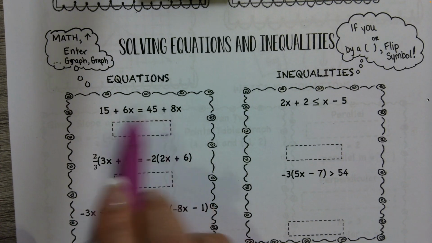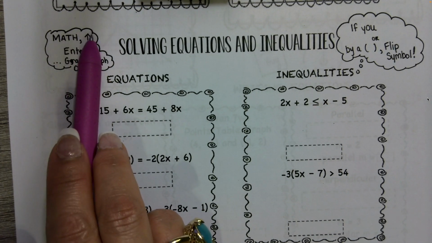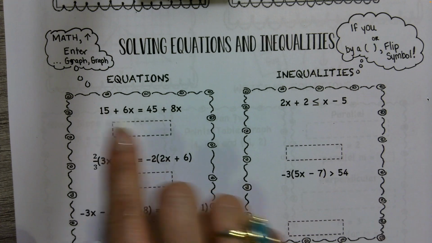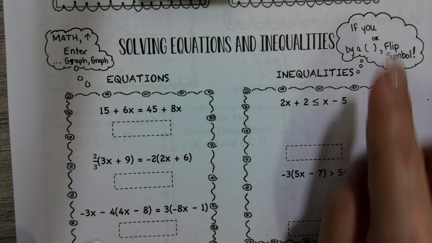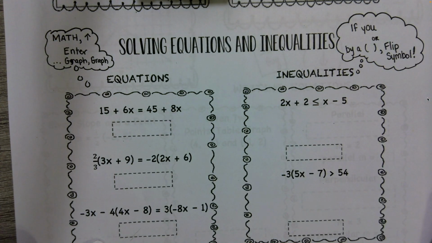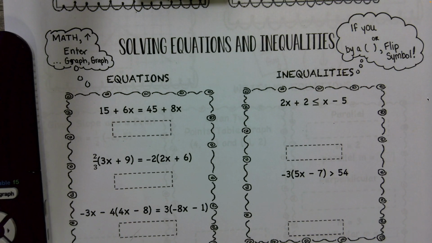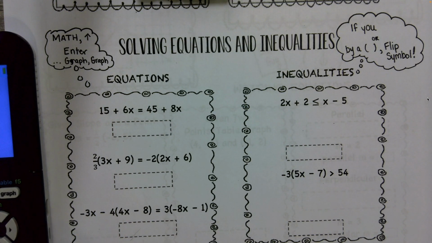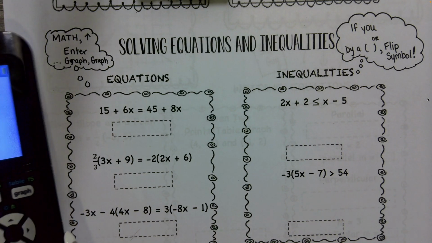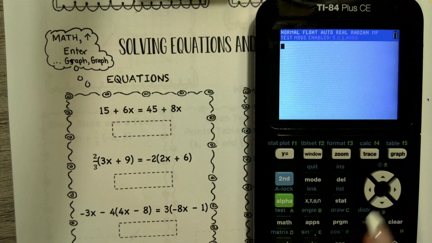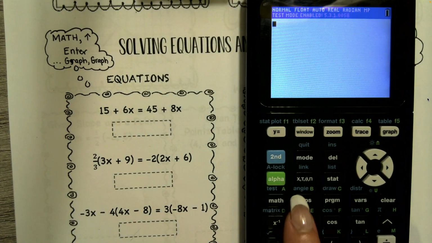In that matter, you can use math and a graph on your calculator. I'm going to show you. You can solve it like the way that we did it up there, combining like terms, but because during the STAAR test there are like 60 questions and you don't have time to spend on these easy questions, let's just use your calculator to solve it for you. So basically, you go ahead and click on math.